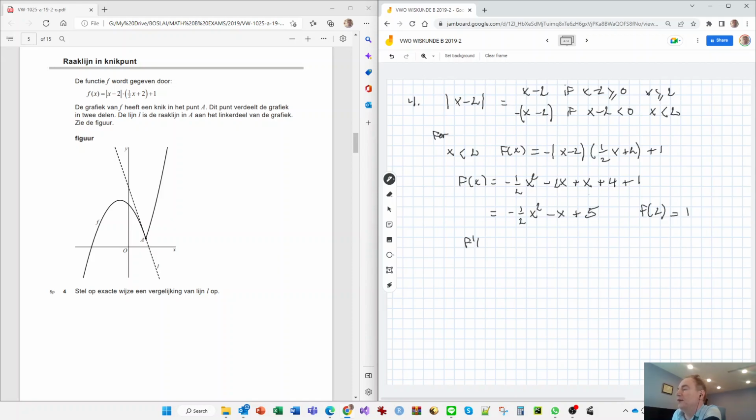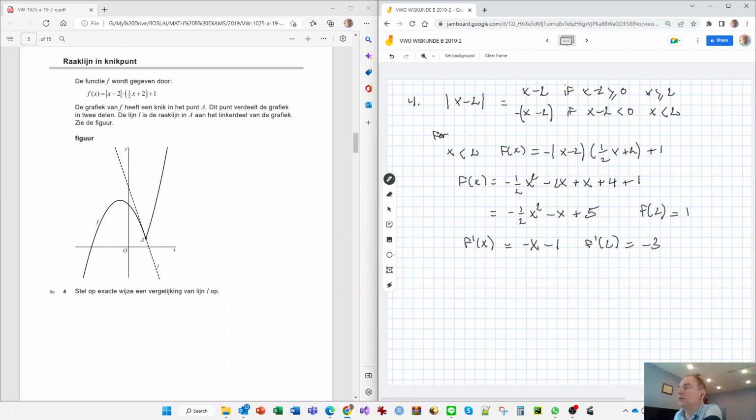So f prime of x, strictly speaking only defined here, is minus x minus 1. So f prime at 2 is negative 3. That makes more sense.